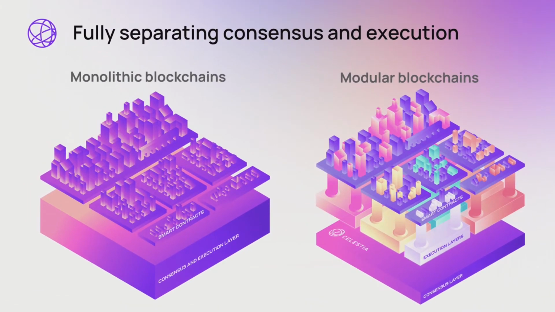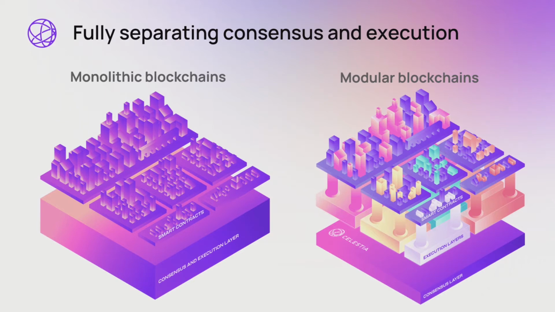And we introduced this concept of modular blockchains, where this is more decoupled. The base layer only does one thing, consensus and data availability, and the execution happens completely somewhere else, in a different layer on a separate chain. And on top of that, this also allows you to have many different execution environments.